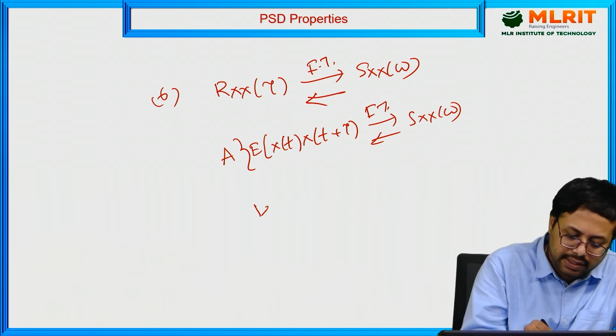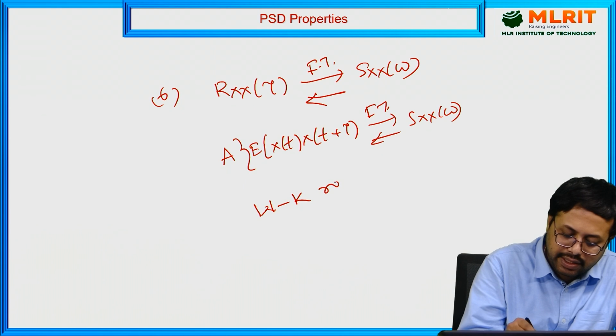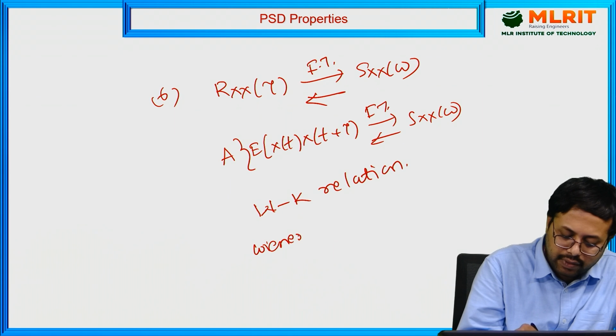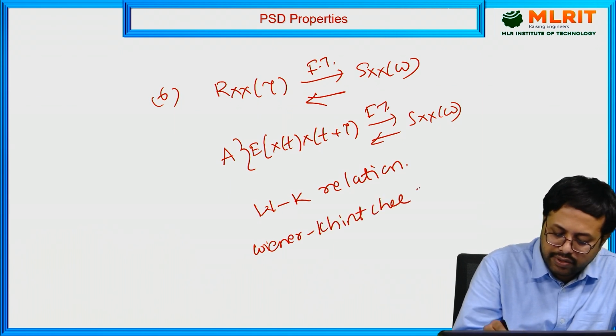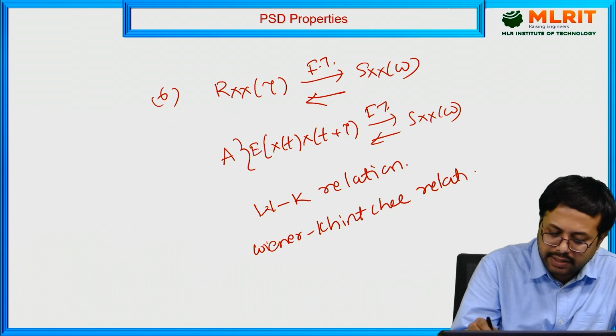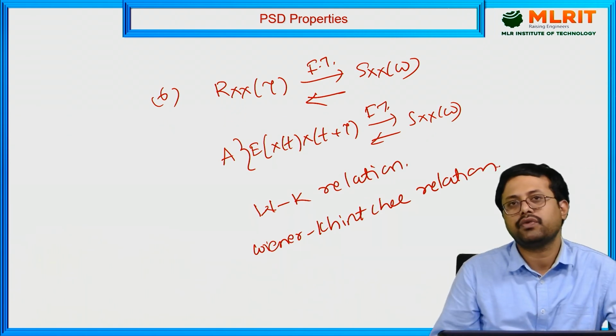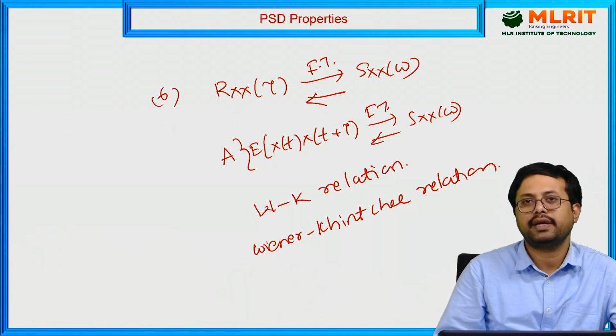This relation is called the WK relation, or the Wiener-Khinchin relation. We are going to discuss this concept in the next lecture. This is also one of the properties of power spectral density.